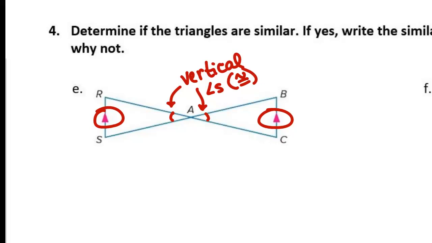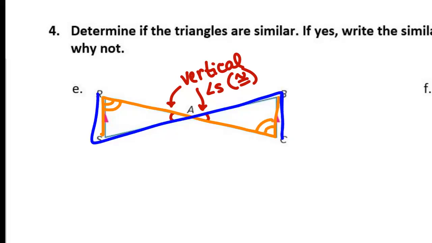Yes. We have parallel sides and a bow tie shape. What kind of thing can we draw when it's parallel lines and a bow tie shape? A Z. That helps me find my congruent angles that are tucked into these corners. We could have done our Z the other way. That would still have me going over my parallel lines.